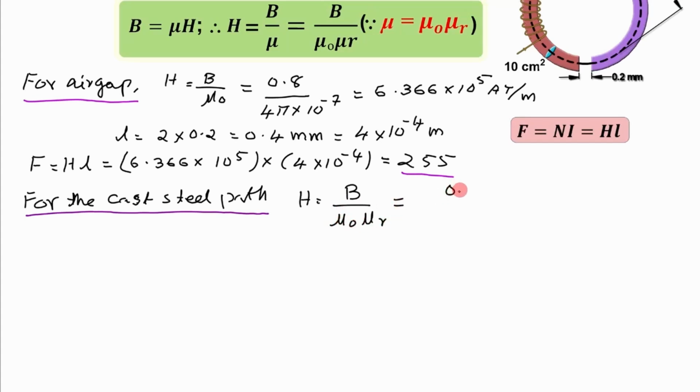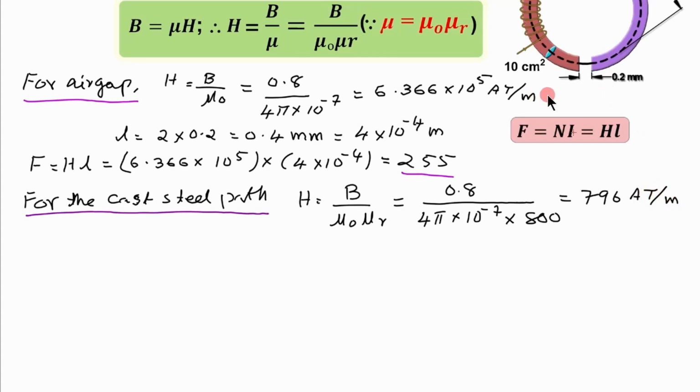For the cast steel path, H is equal to B by mu 0 mu r, that is equal to B is 0.8 divided by mu 0, 4 pi into 10 raised to minus 7, into mu r, which is given as 800. This is equal to 796 ampere turns per meter.